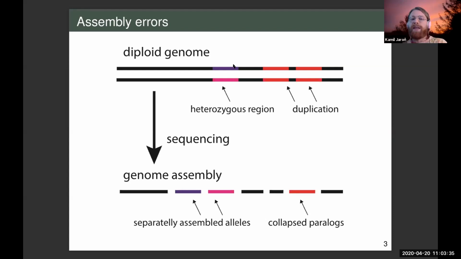If we just naively assemble it, and the assembler lumps together everything under a certain similarity and separates something with a certain divergence, we might assemble the heterozygous region separately, or we might collapse too many paralogs. This is not such a huge deal if we are at least able to quantify it, but we just don't know. When we assemble a genome, it's really hard to say whether what we have done makes sense or not.